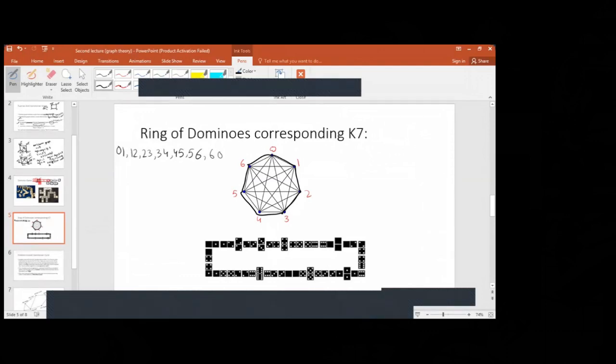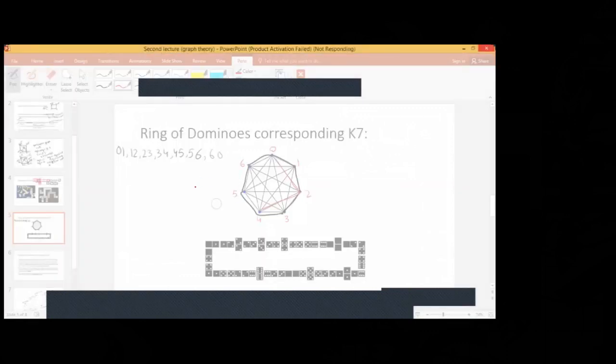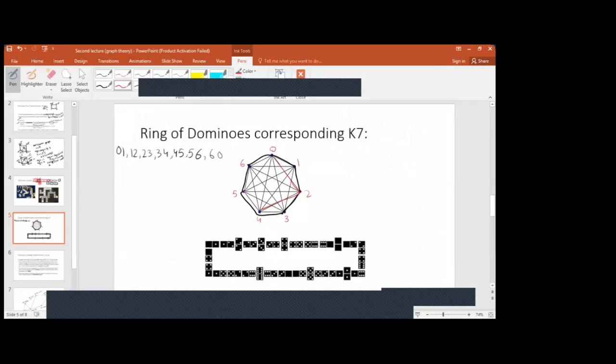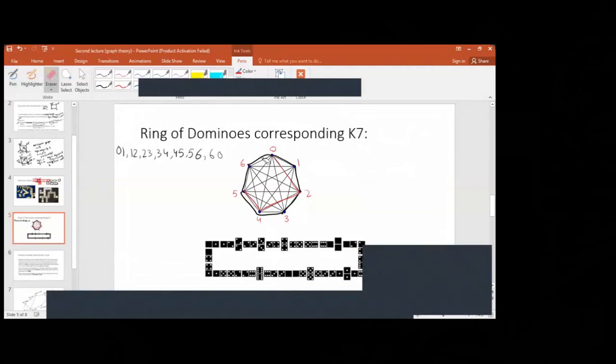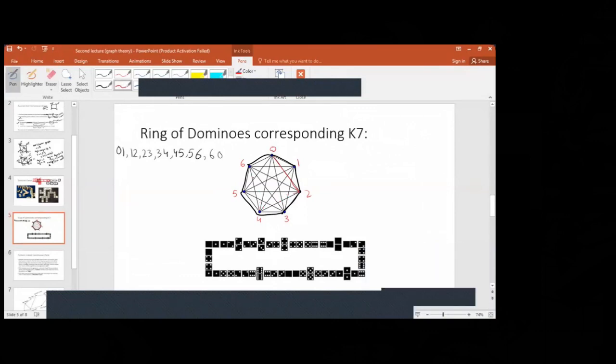So next one is moving from 0 to 2, 2 to 4, 4 to 6, 6 to 1.